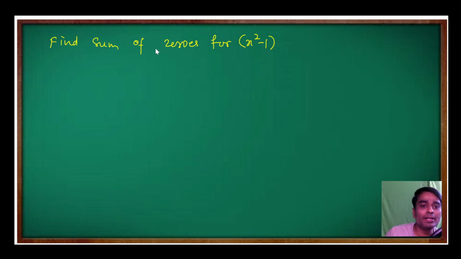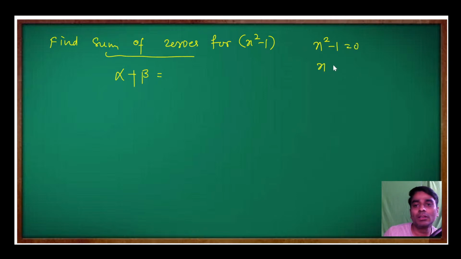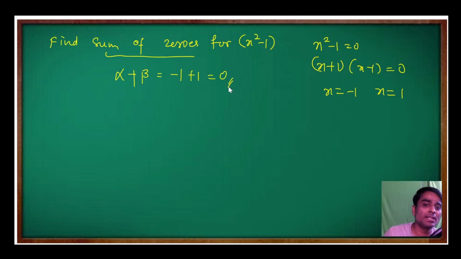Sum of zeros means you need to find alpha plus beta. First get alpha and beta. x square minus 1 equal to 0, then x plus 1, x minus 1 equal to 0. So x will be minus 1 and x will be 1, and minus 1 plus 1, 0, is the answer.